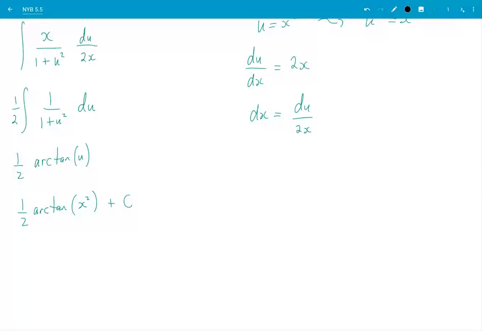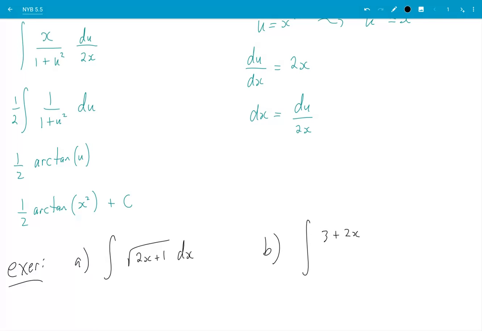I think the second one will be tricky. Okay, pause, copy, and try those two. And in the next video, I will look at the second one.